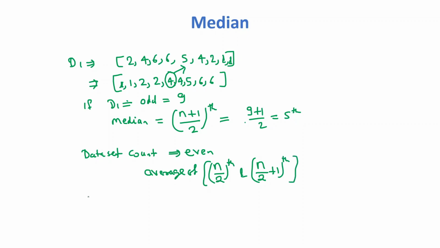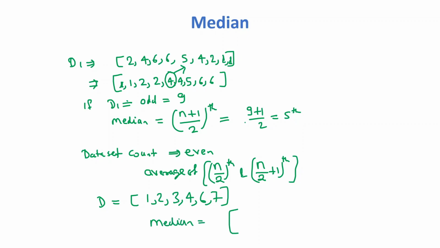So let's say we have a data set D where we have 1, 2, 3, 4, 6, 7. This is our data set, so we have a total of 6 values. How do we calculate the median?